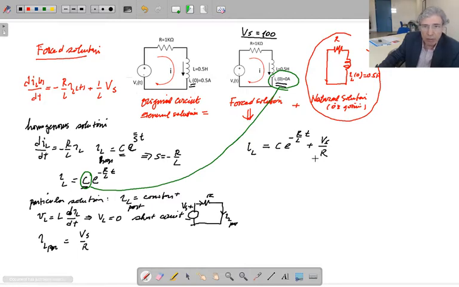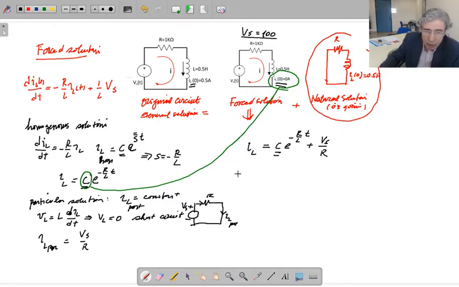Now I will be using the initial condition to find that C out. This initial condition is going to be this initial condition. So let me do it. The only thing which is not known here is that C. I said I will be calculating it later on, so I am doing it.